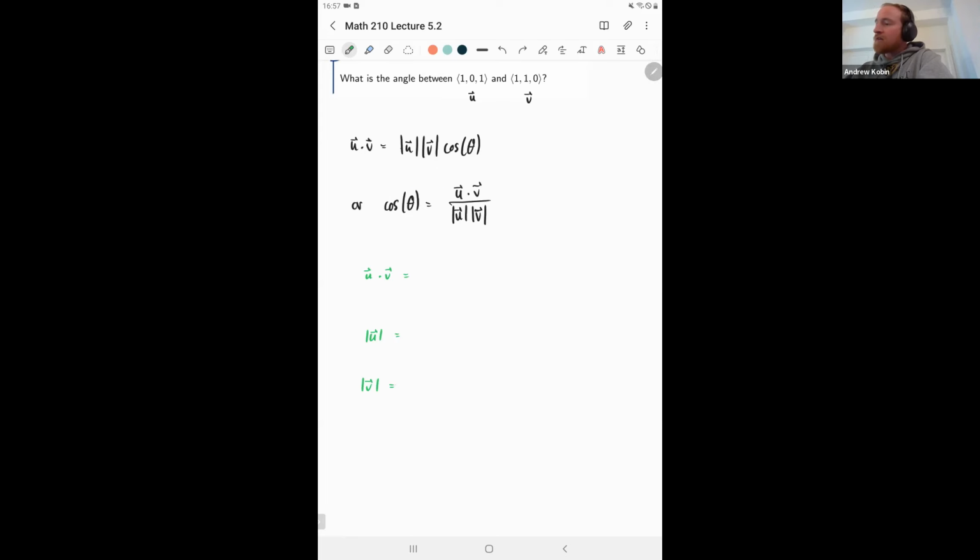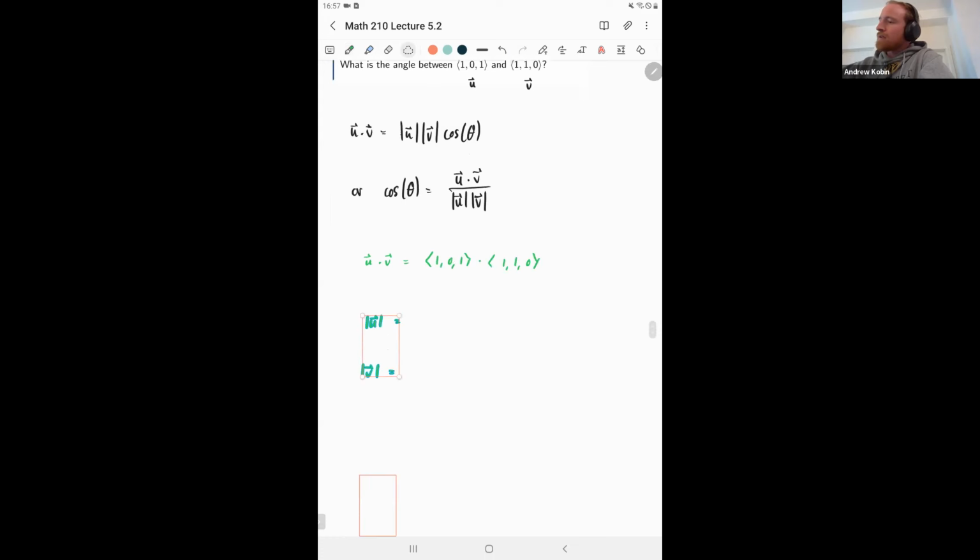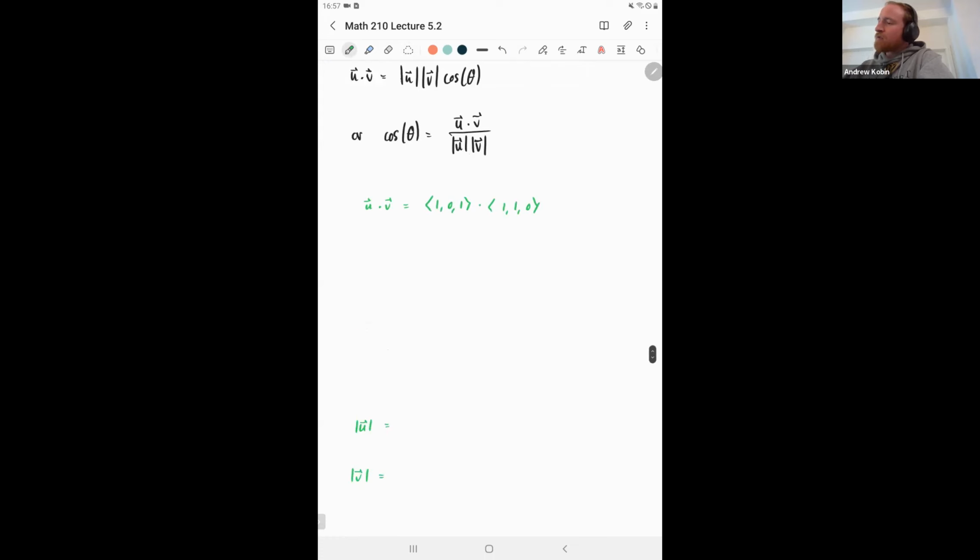So let's start with u dot v, and let's just line up their coordinates side by side so we can compute this easily. I don't want to add them, I want to take their dot product. Let's make a little more space. And again, we're just going to superimpose the coordinates, multiply coordinate-wise, and add up. Well, 2 of the things are 0, so I actually just get 1 in this case.